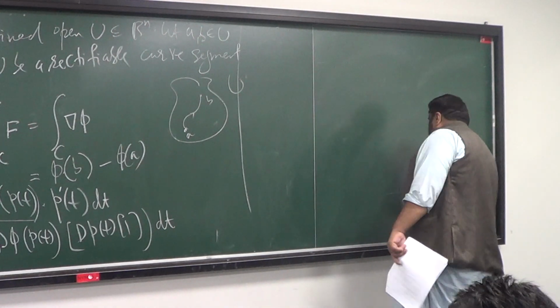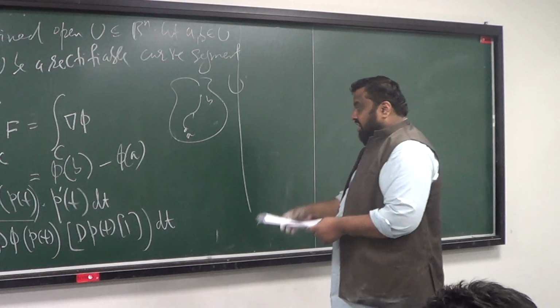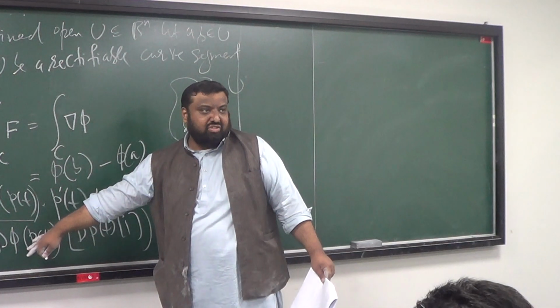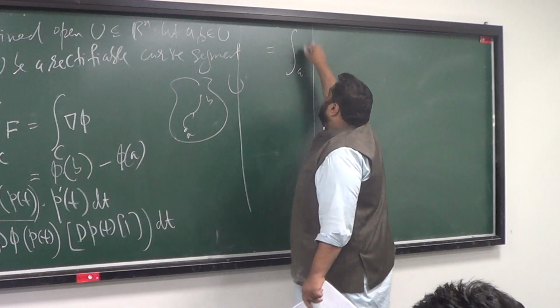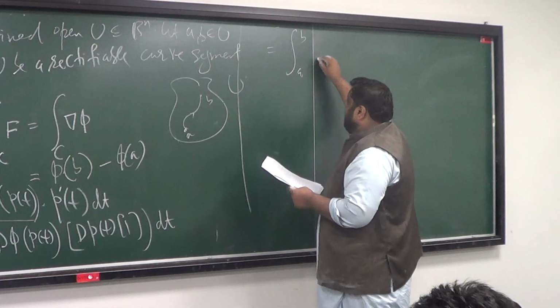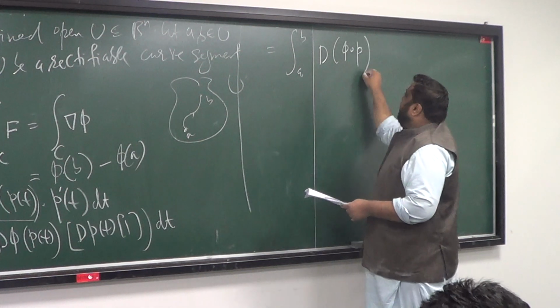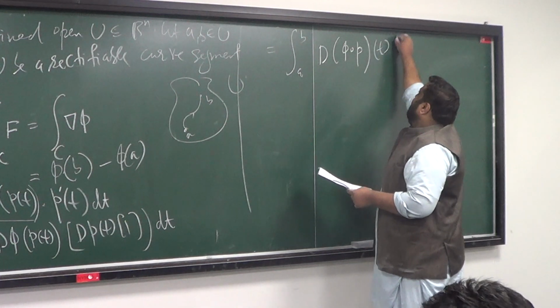I would like to simplify this expression. Can you guess where we are heading? So I can write this as a composition. So this would be the integral from a to b of the derivative of phi composition p, of t, operated on 1.